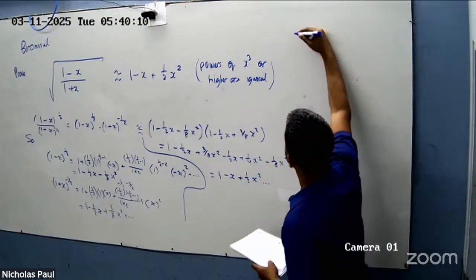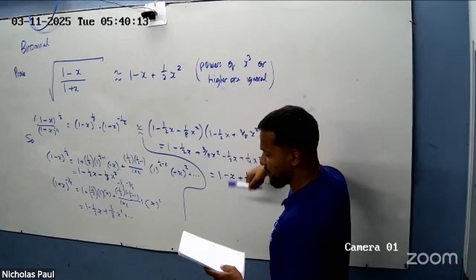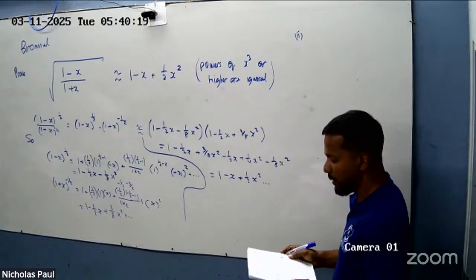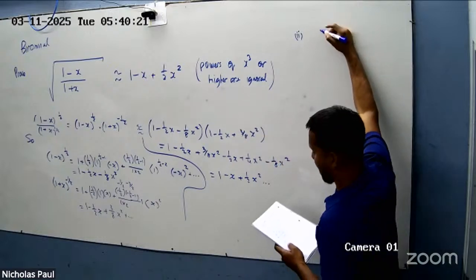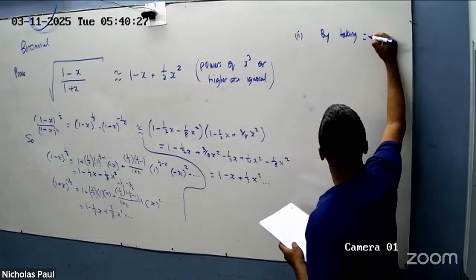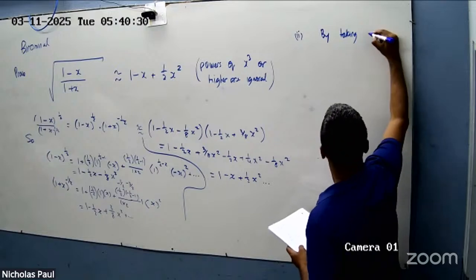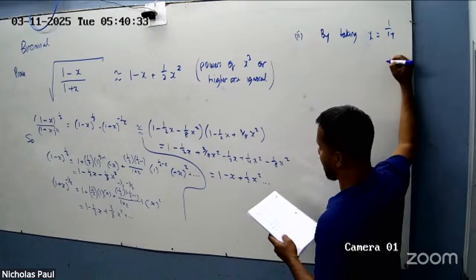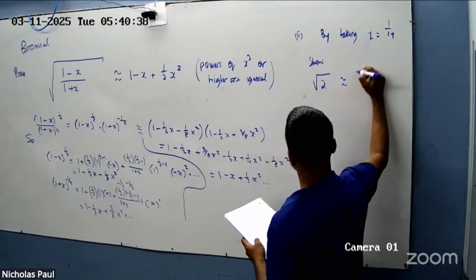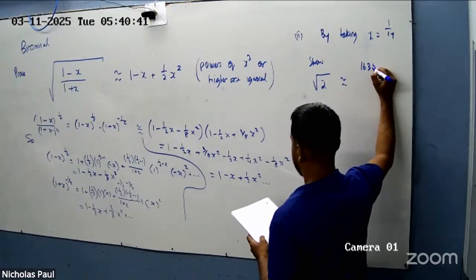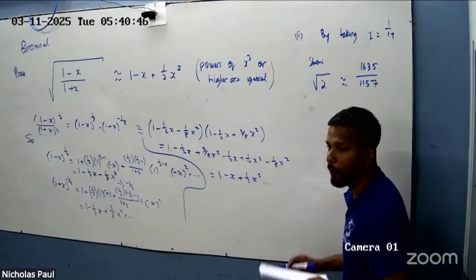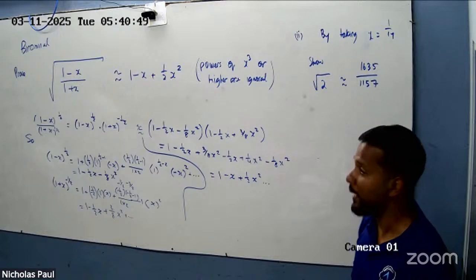This was worth 7 marks. This was long, this was a little tricky. By taking x is equal to 1 on 17, show that the square root of 2... Let's pick on Wyatt.